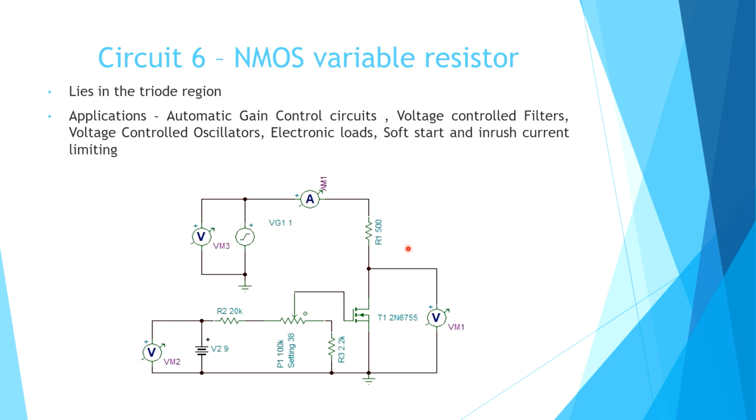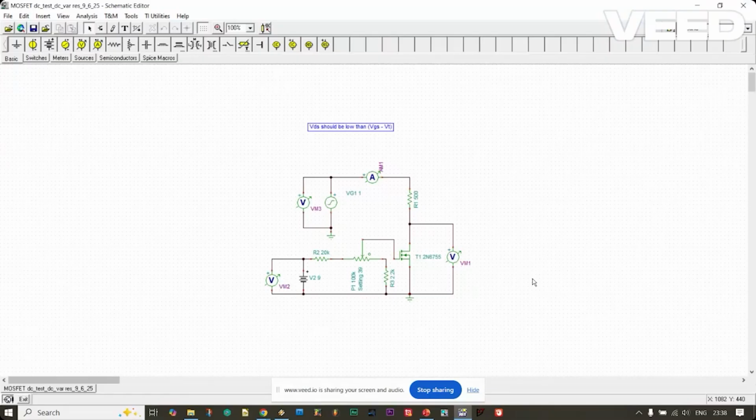Okay, so now let us see the simulation circuit. This is a variable resistor circuit. Here I gave an input drain signal of a 1 volt amplitude sinusoid with 1 volt DC voltage, because it will be taking only the positive side of the voltage here.